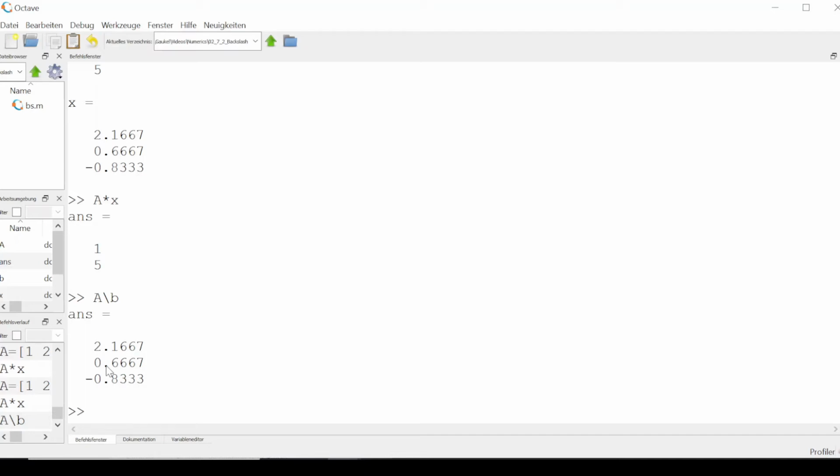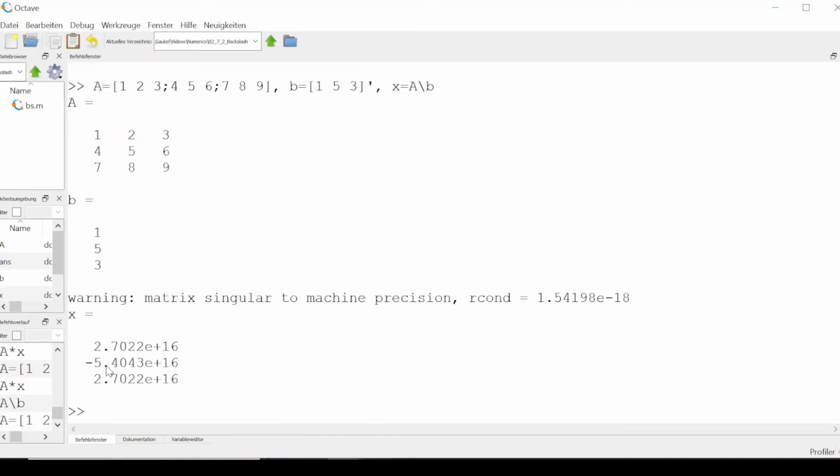Let's close these examples with one more. This matrix A is a square matrix, but it's a singular one, a determinant 0 matrix. And so we will see with this right-hand side, there is no solution in this case, because this is a determinant 0 matrix, and for most right-hand sides we can't fulfill this.